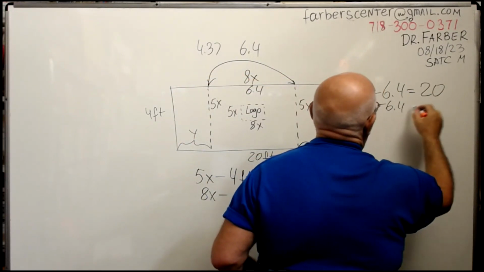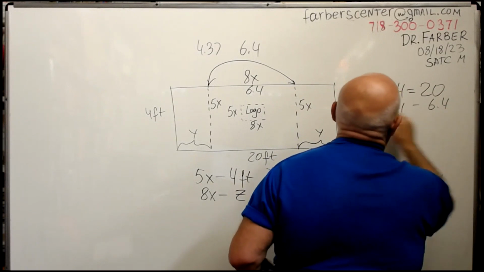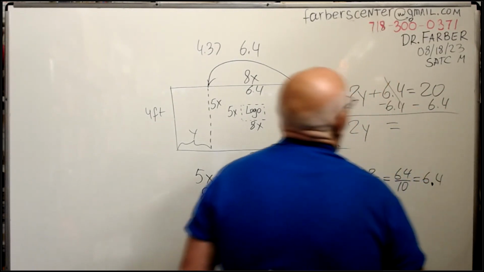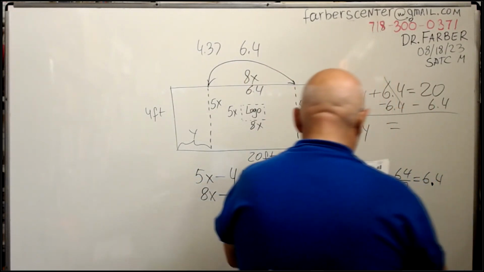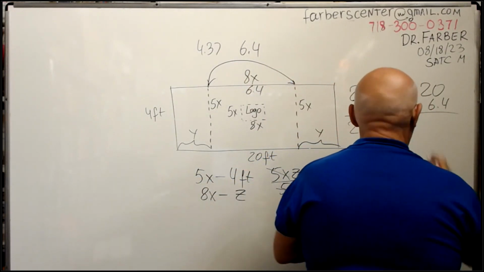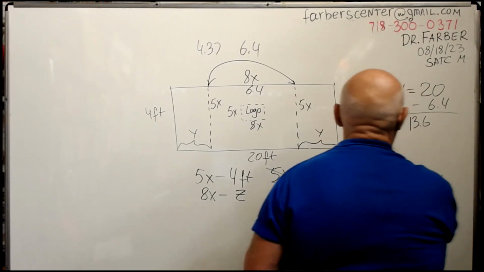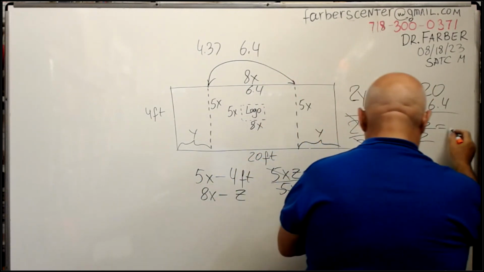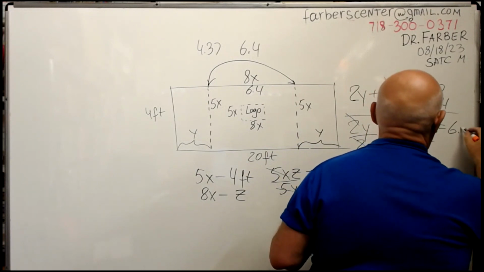Minus 6.4 minus 6.4. The 6.4s cancel out, and if you subtract, you will get 13.6. Divide both parts by 2, and you will get 6.8.